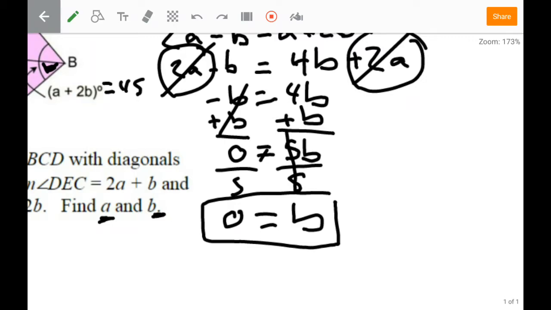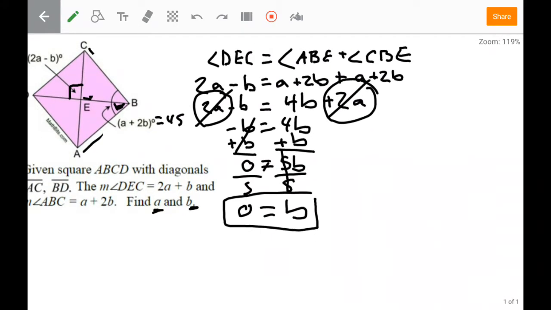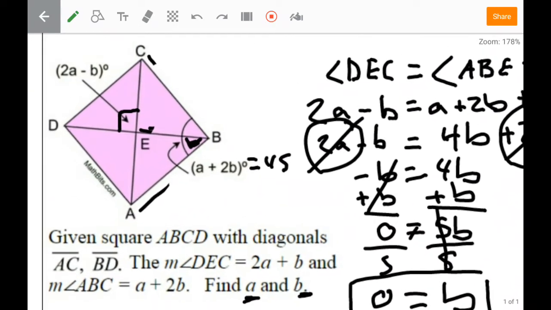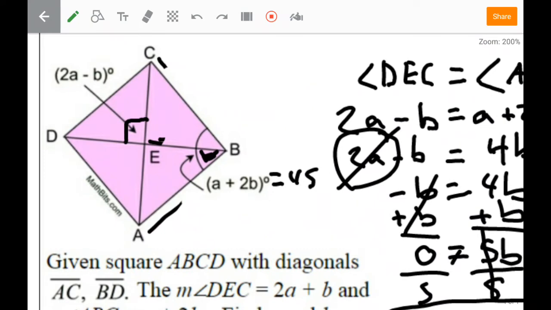And all the hard stuff is done, because what's remaining left to do, we can use this expression right here, which has a, or we can use this expression over here, which also has a. Depends on you. But you got to be aware that a plus 2b is set equal to 45.